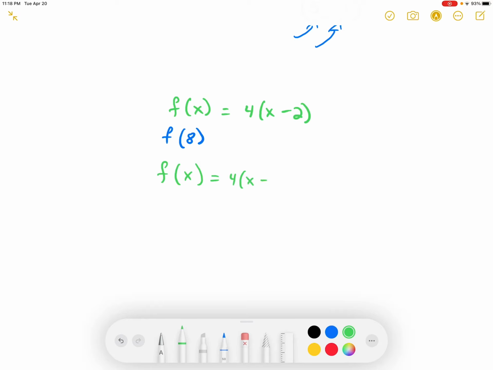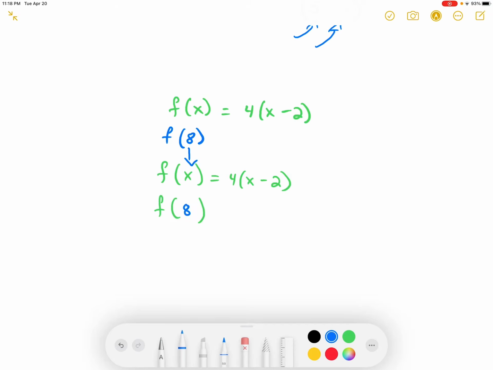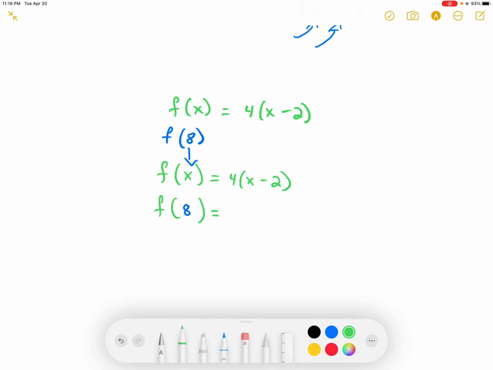Don't forget to write it exactly as you see it. Then I would replace the x with whatever is in the x section. So it's f not of x anymore, but f of 8. 8 is the x now. It's replacing it. So we got 4 here, and then we're replacing this x with 8 minus 2.